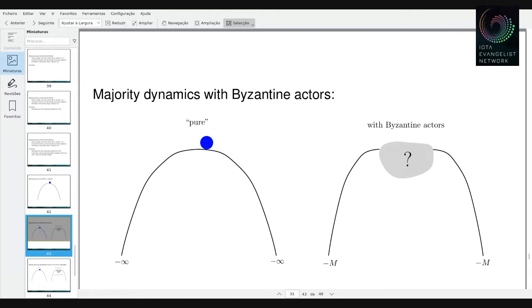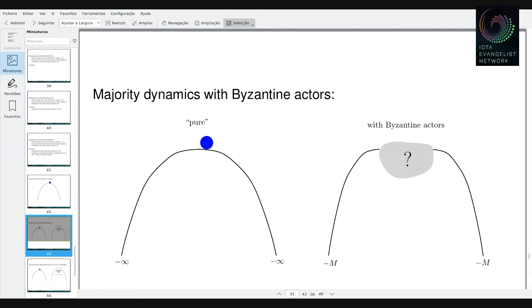And then it turns out that if the proportion of honest nodes with opinion 1 is large, you still go down like this.